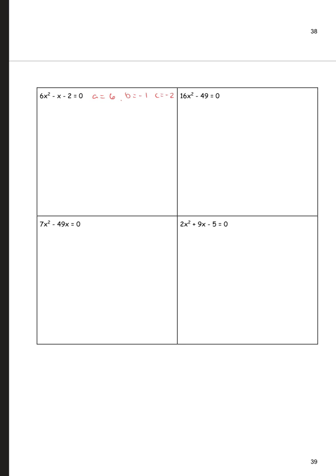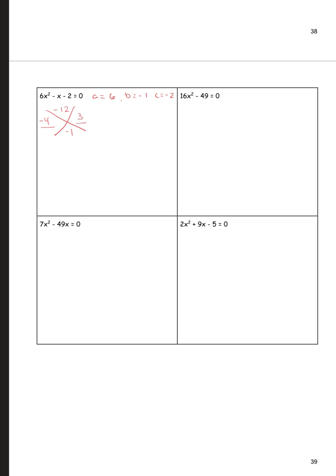So remember, I have to multiply my a times my c, which will give me negative 12. And then I have my negative 1 as b. So I'm looking for two numbers that when I multiply them, give me a negative 12. When I add them together, give me a negative 1. Those factors are going to be negative 4 and 3, because they multiply to give me negative 12 and add together to give me negative 1.